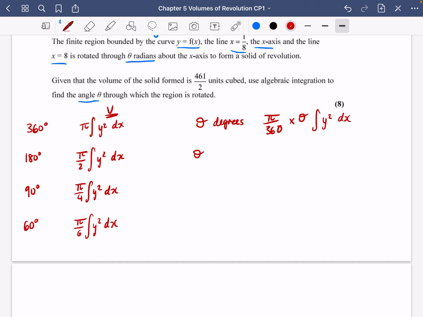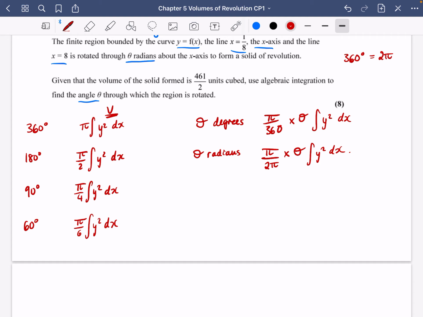But if I was doing it as theta radians, well, instead of dividing by 360 and multiplying by theta, we know that 360 degrees is 2 pi radians. So I would divide it by 2 pi and then multiply it by the angle for theta, and that would be multiplied by y squared dx.